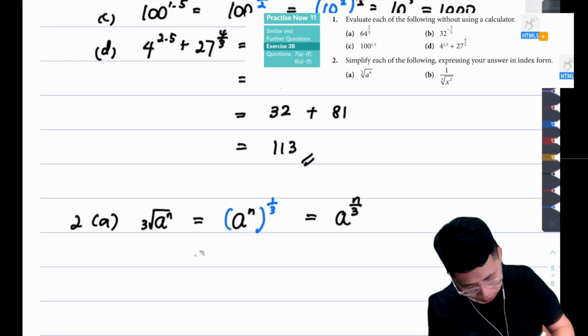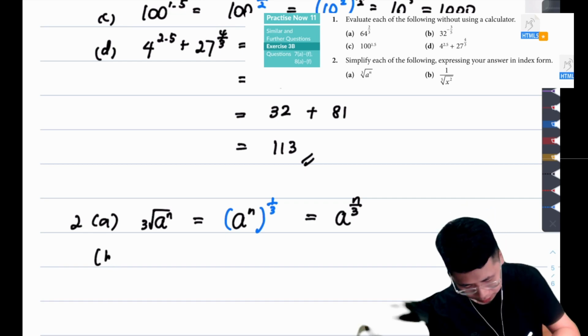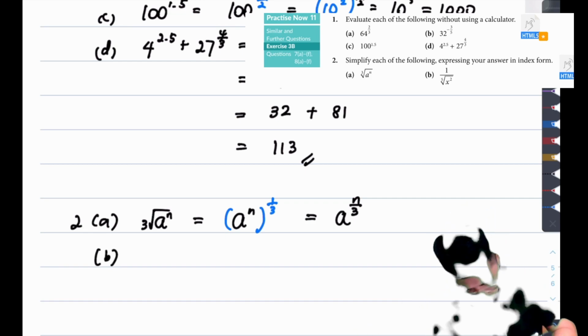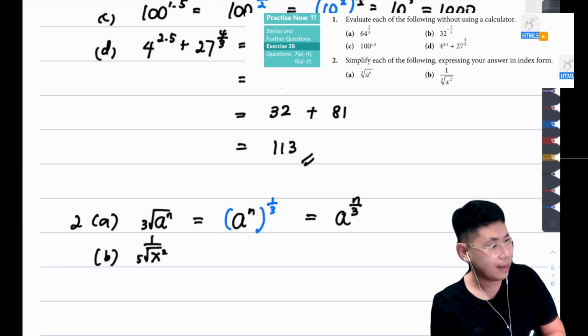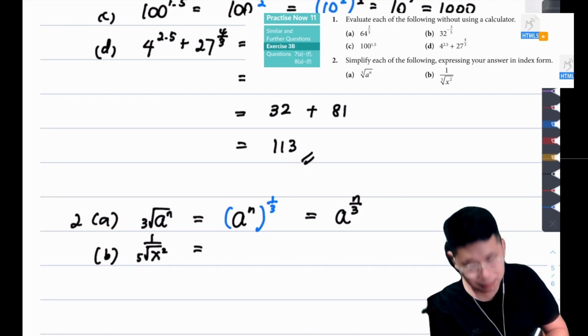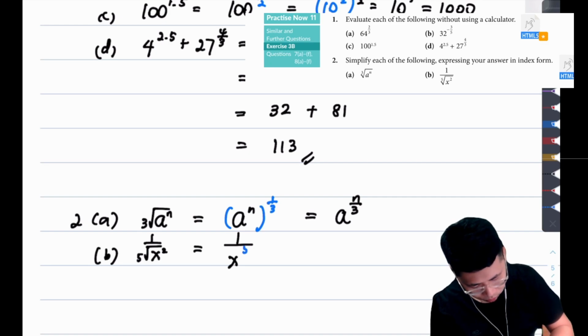Okay, next for part B, we have 1 over the 5th root of x squared. Before that happens, let me write down the index for that. So 1 over x to the power of 5 over 2.